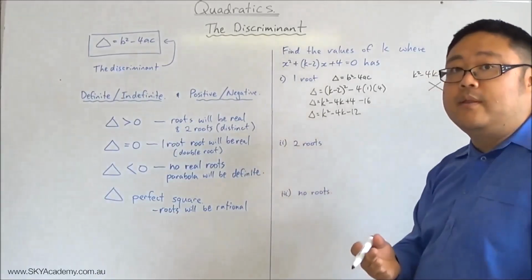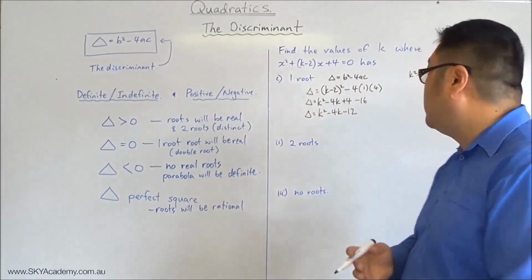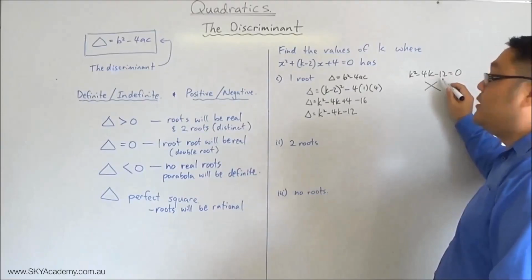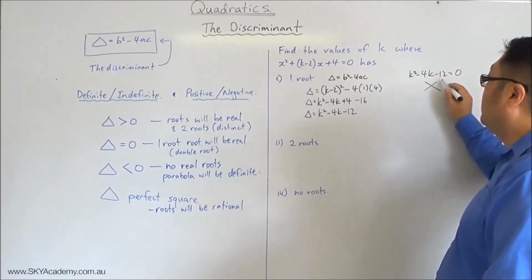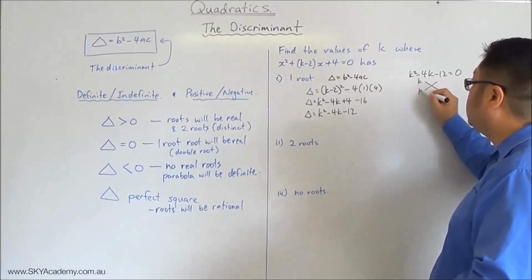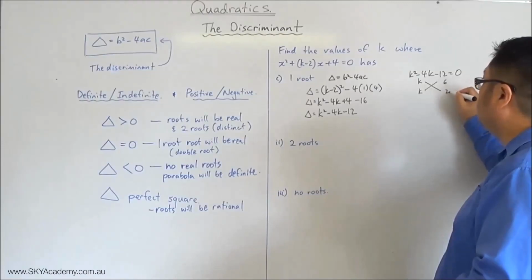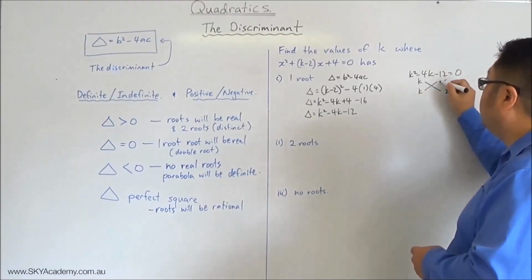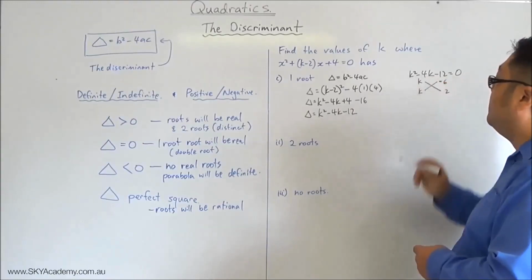For one real root, k squared minus 4k minus 12 equals 0. Well, you use the cross method, and 6 and 2 make 12. The difference of them is 4, so that's a really good start. One of them is going to be negative because it's minus 12, and it would be the bigger number that's negative because you've got minus 4.